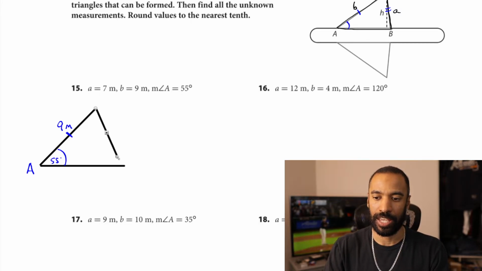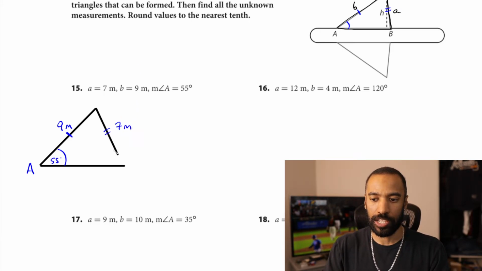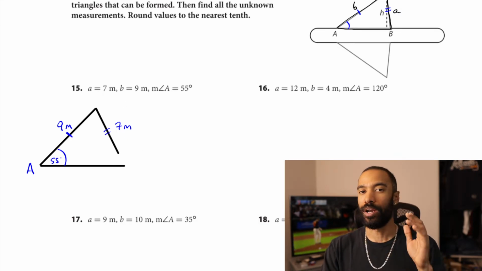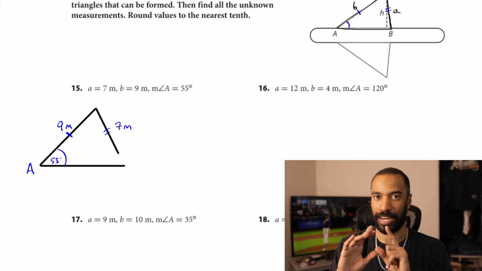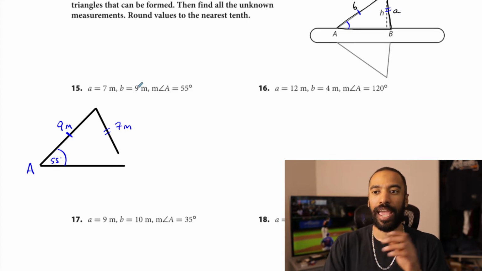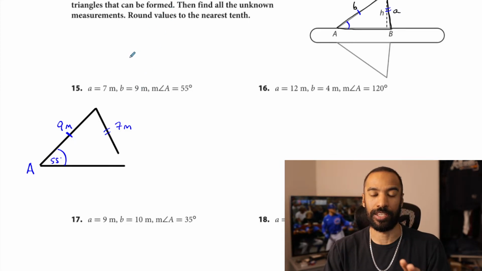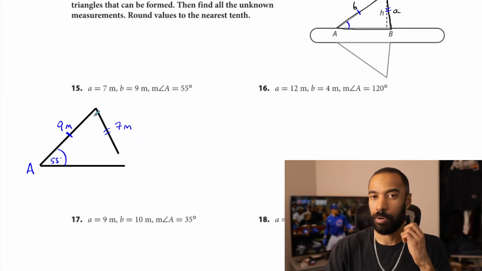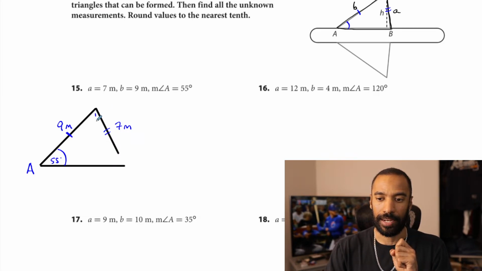But the question is, this being 7 meters here, is it long enough that I could reach and swing this in such a way that it could hit this third side? Now, I'm not going to draw these to scale. The real question within here is, what is the shortest possible length that I can have that can reach this side? And the first answer to that is, the shortest direction I can go is perpendicularly down, right?